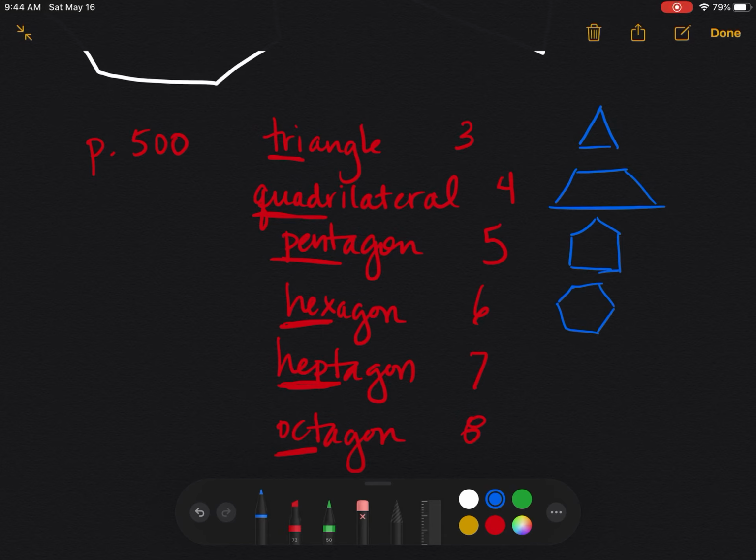I mean, this could be a hexagon. 1, 2, 3, 4, 5, 6. That's a hexagon. The difference is that if every side is the same length, that is called a regular hexagon, okay? A regular triangle, as opposed to a triangle where not all the sides are the same, all right? So those are the basics of that.